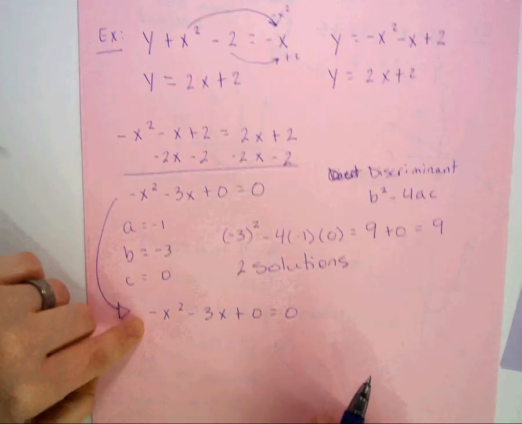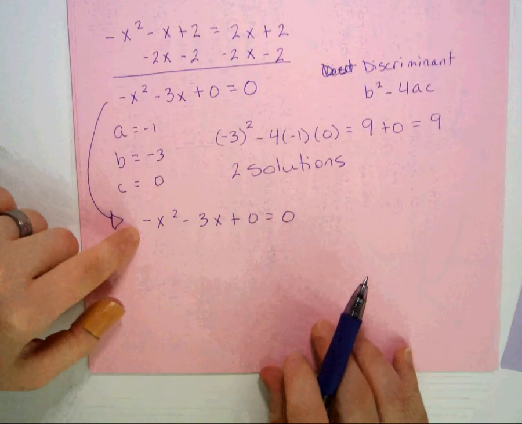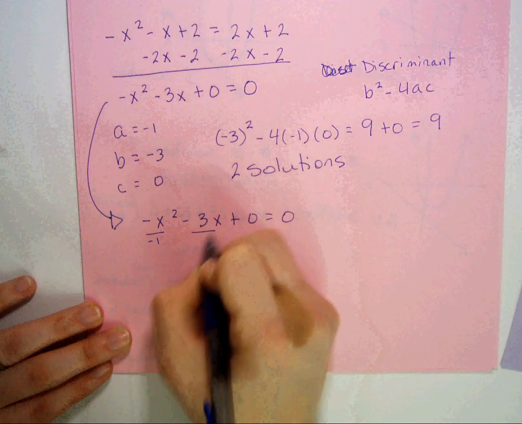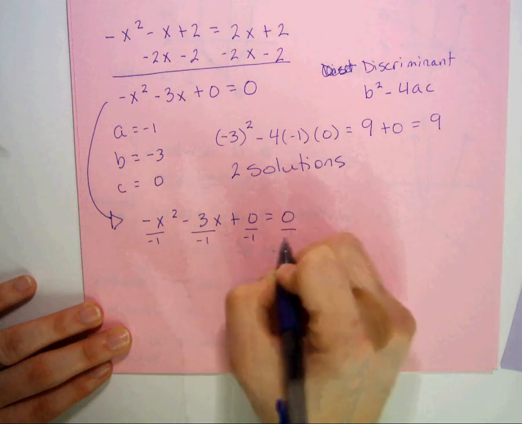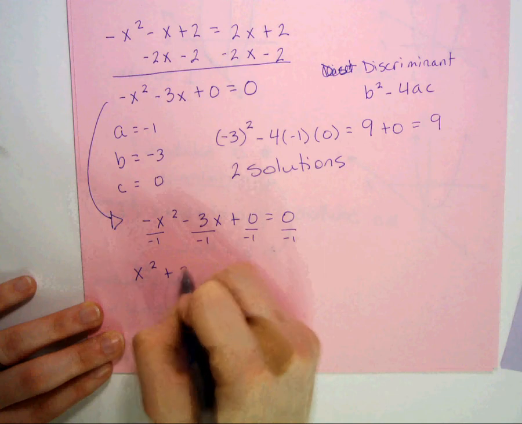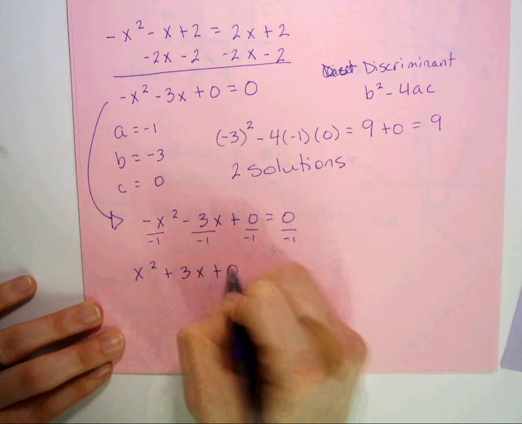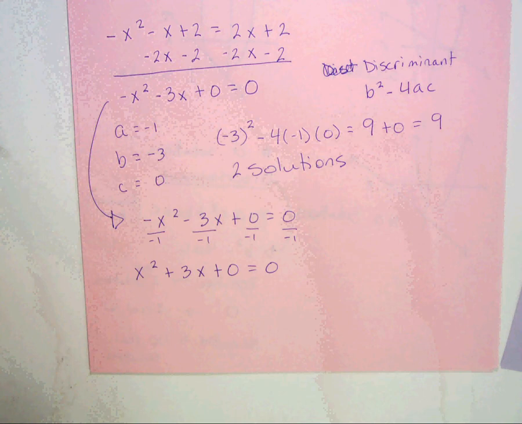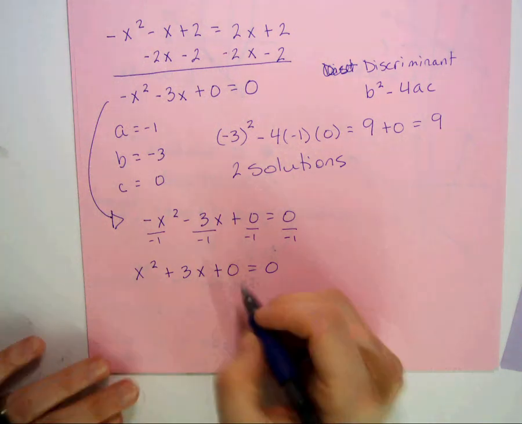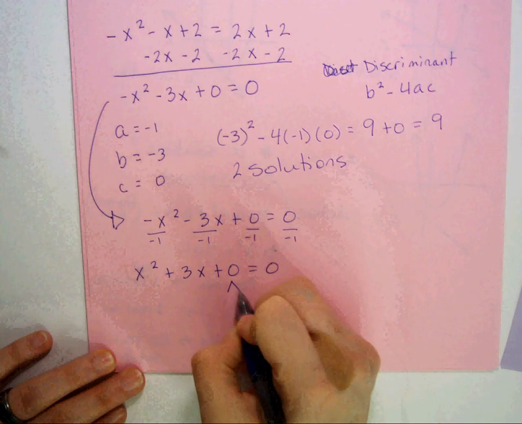That number in this case is a negative 1, so I can just divide everything by negative 1 and end up still with the same problem. So now I have x squared plus 3x plus 0 equals 0. And we know how to factor that. It looks weird, but we can factor it.